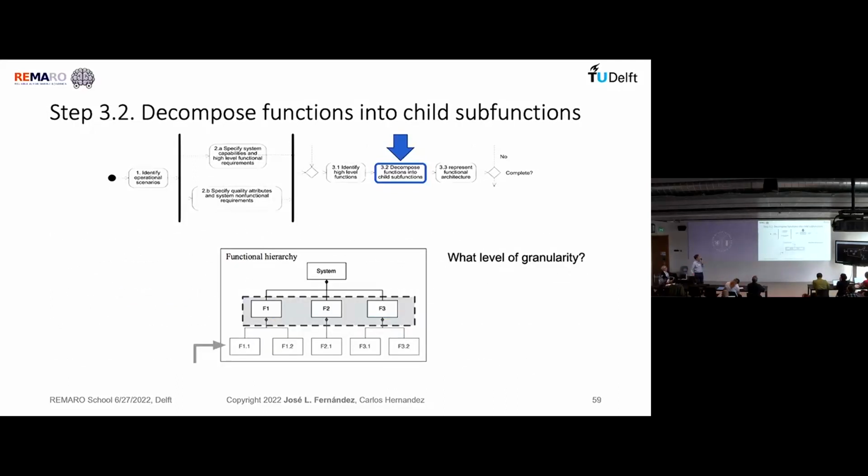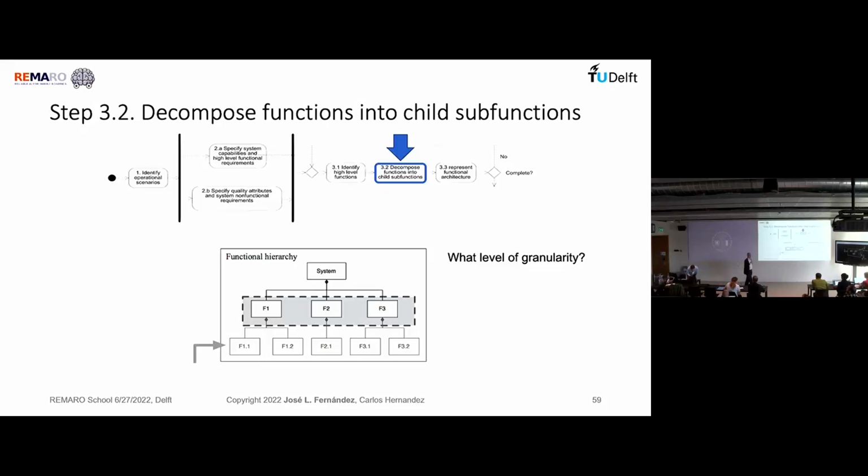So we start decomposing, basically, from the first level of functions into different subfunctions. And this is where the method starts helping on making those decisions on what level of granularity. And the important thing here is we complete one level first, and then we move into the next one. A question: what do you think is the best level of granularity?